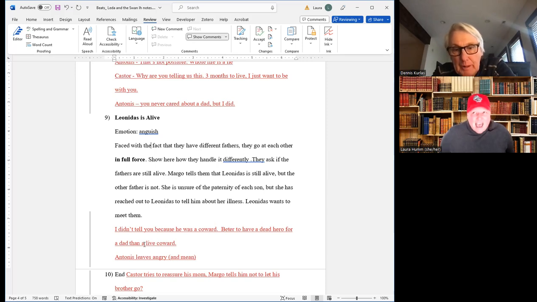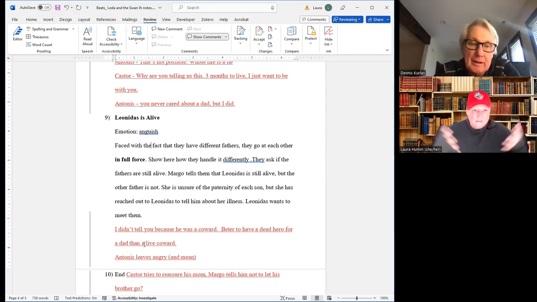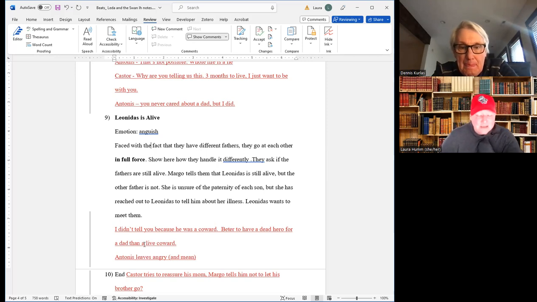And that is the emotional gut punch that you've been trying to tell in this story. Because she's faced now with her son, who she loves more than anything, except his brother. She loves them both more than anything, and he is now confronting her with this lie that she's been telling.